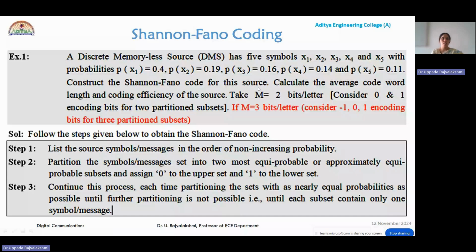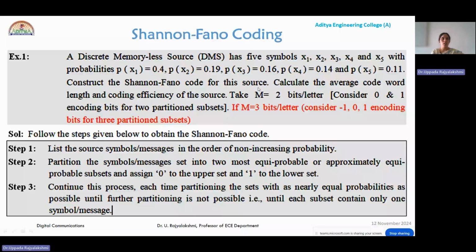So you can partition this whole set into 2 subsets having equiprobable or approximately equiprobable states. If you sum up the probabilities of x1 and x2, it is 0.59, and if you sum up the remaining 3, it is 0.41. So you can partition the set into 2 approximately equiprobable subsets and assign 0 to the upper subset.